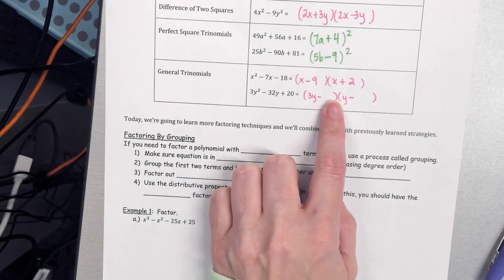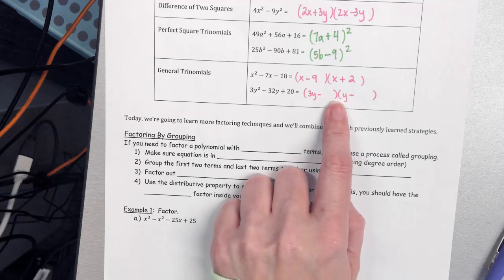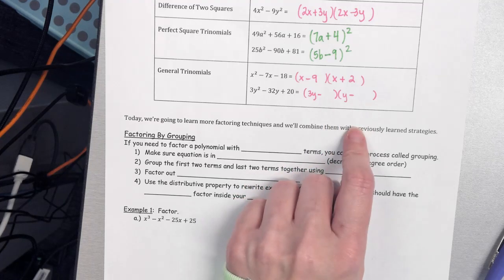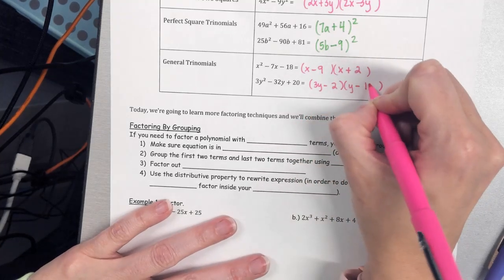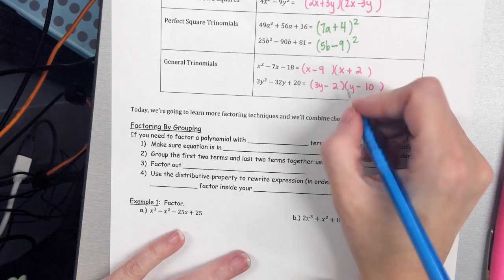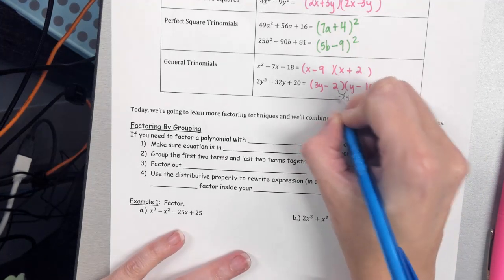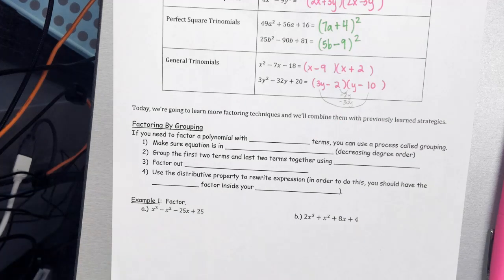Okay, so if we plug in like 5 and 4, what would that be? Negative 19? Negative 2, negative 10. Let's see what we get. And remember, you can always check those with the FOIL. So you have the negative 2y. 3 times negative 10 is negative 30y. Great.